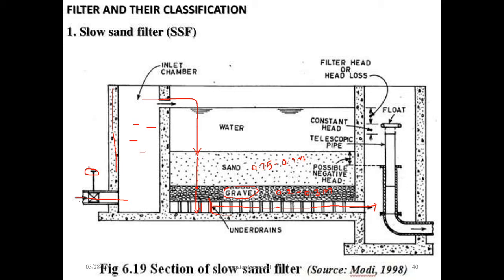If you open this valve, it enters the inlet chamber and falls down on the sand bed. Slowly it percolates through the sand particles and enters the gravel. After the gravel, it enters into the under drains. Through these porous under drains, water will pass to the outlet chamber.